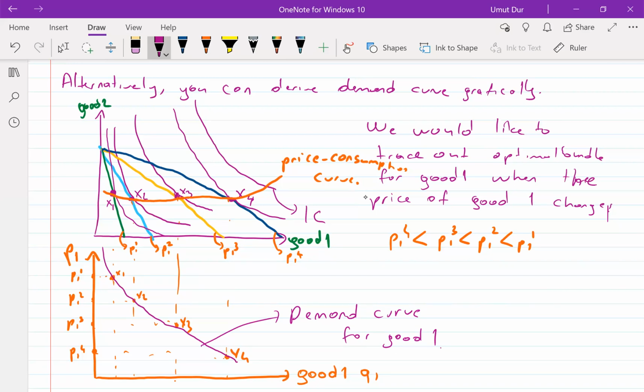By changing the price of good one, I am looking for different levels of the prices for good one. I am fixing the price of good two here. And then I am just looking for which points are the optimum points. So I'm just checking the tangency points here. And by using those optimum points, I'm looking for the images of those points on the demand curve. That's that simple.